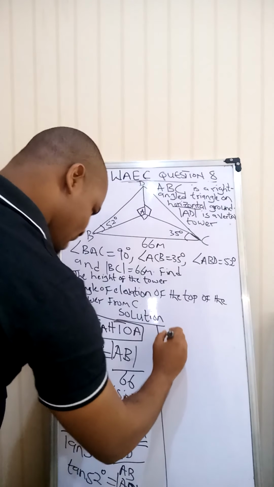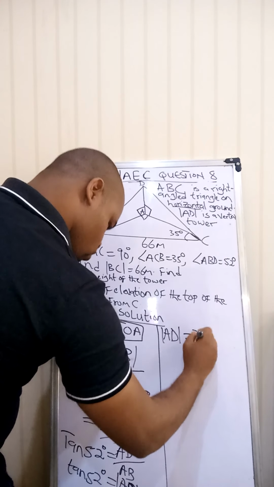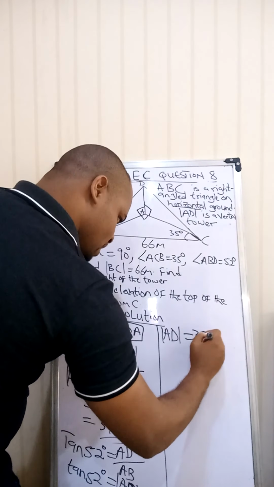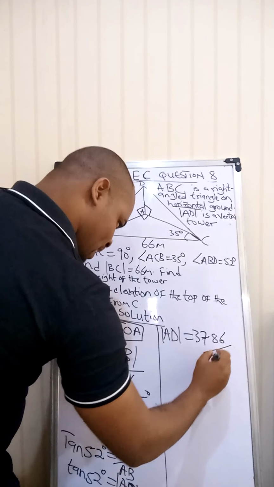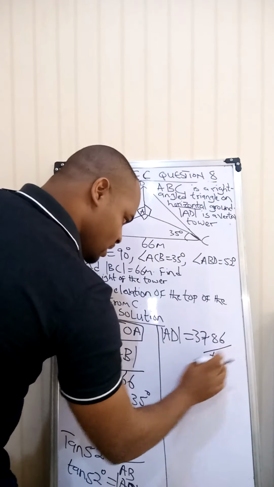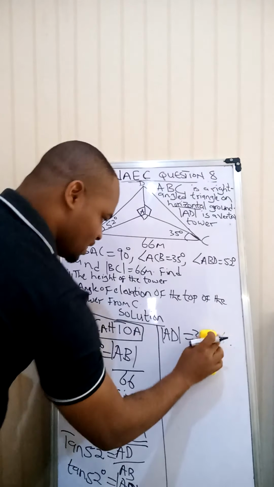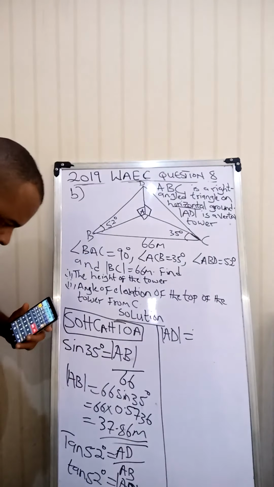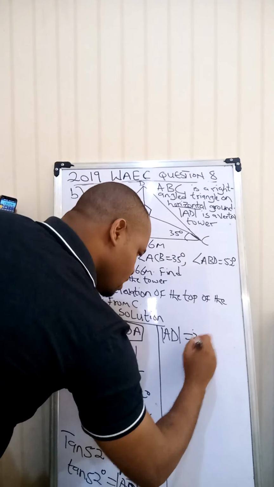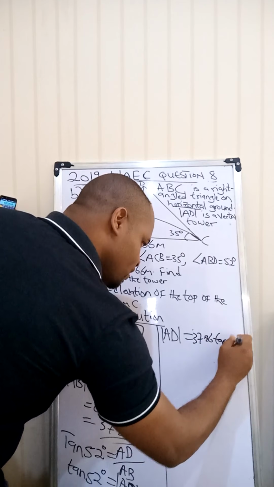I'll be having my line AD equal to 37.86 times tan 52.